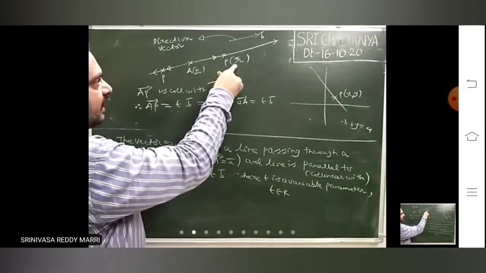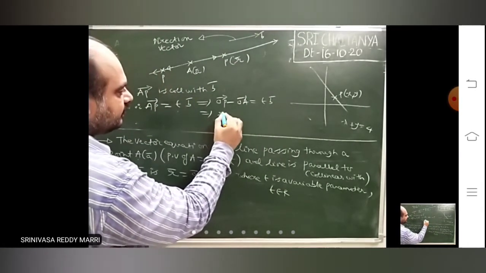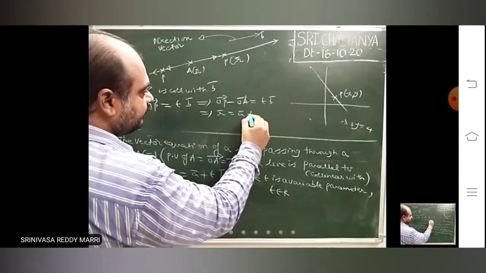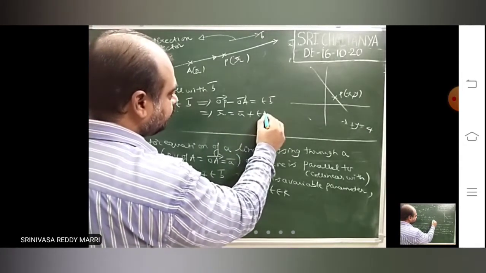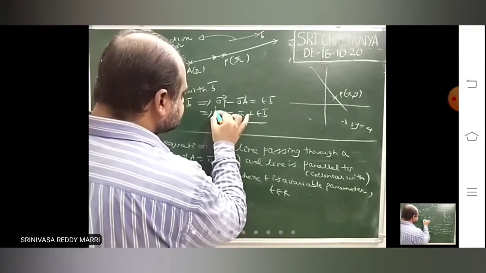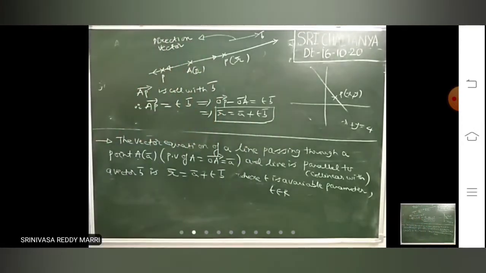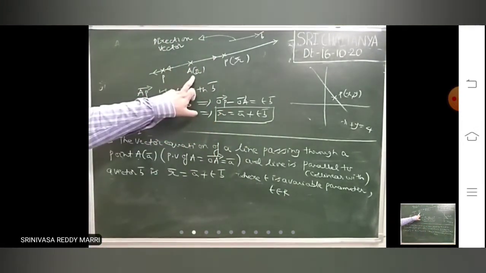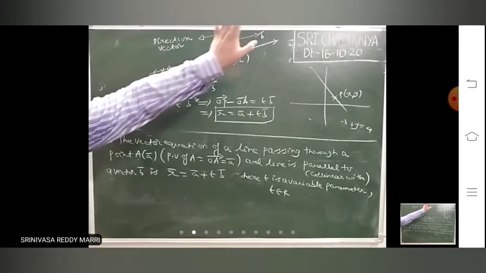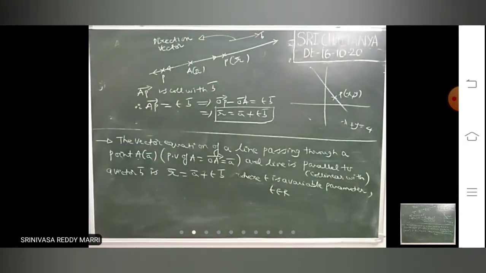OA bar is A bar, and OP bar is R bar. Therefore, R bar equals A bar plus t B bar. This is the vector equation of the line passing through a point A and having direction parallel to the vector B bar.